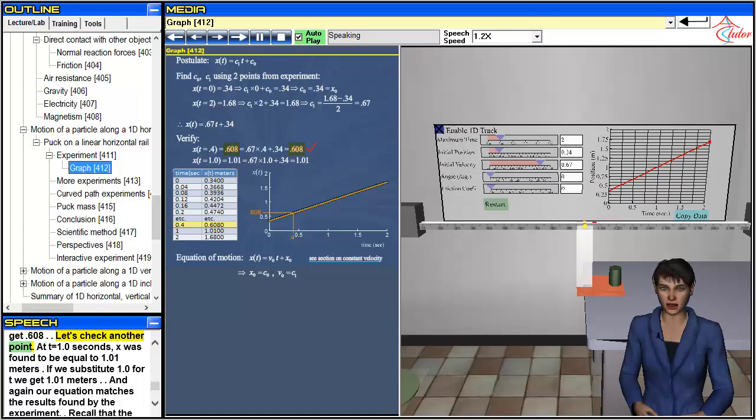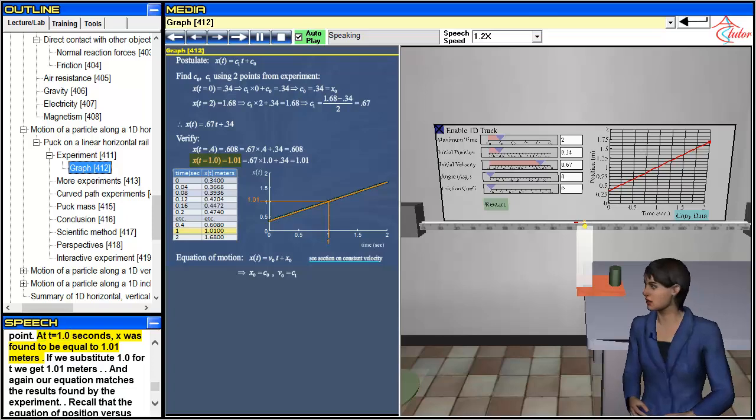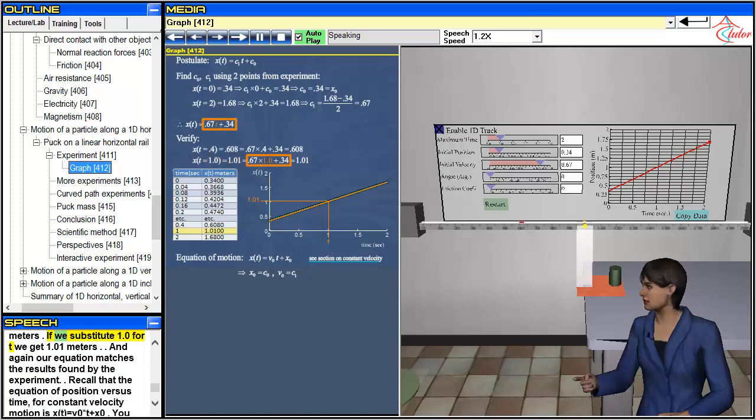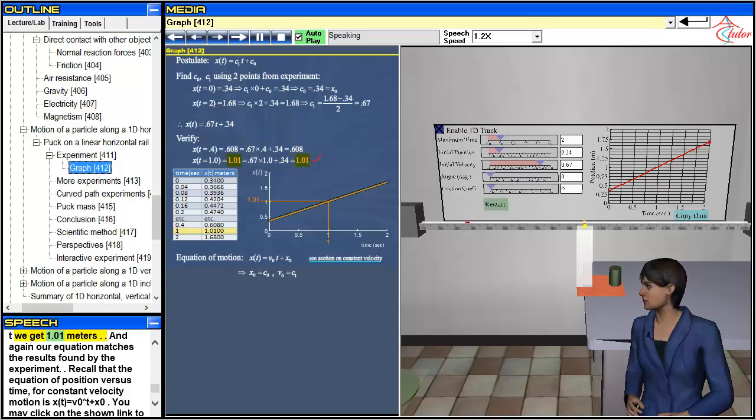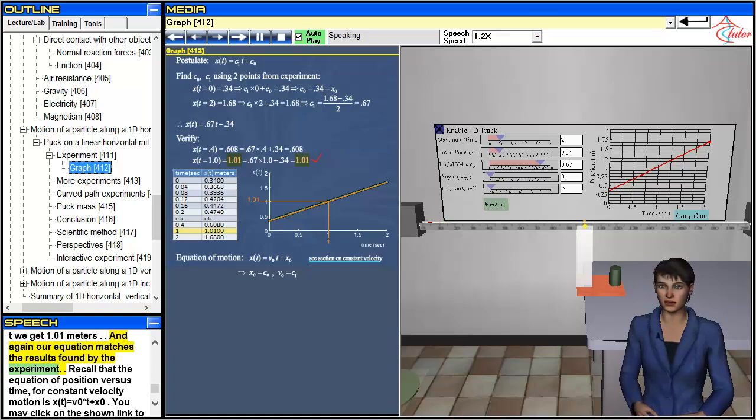Let's check another point. At t equals 1.0 seconds, x was found to be equal to 1.01 meters. If we substitute 1.0 for t, we get 1.01 meters. And again our equation matches the results found by the experiment.